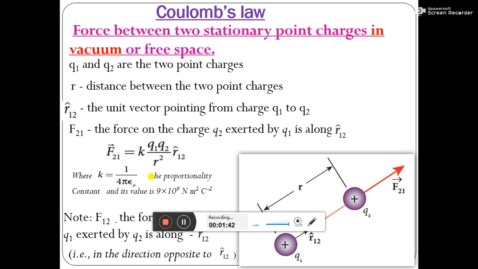We should also note that the force F12. What is force F12? It is the force on the charge Q1 exerted by Q2, and it is along minus R12, that is, the direction is opposite to R12, because F21 is the force on the charge Q2 exerted by Q1, whereas F12 is the force on the charge Q1 exerted by Q2.